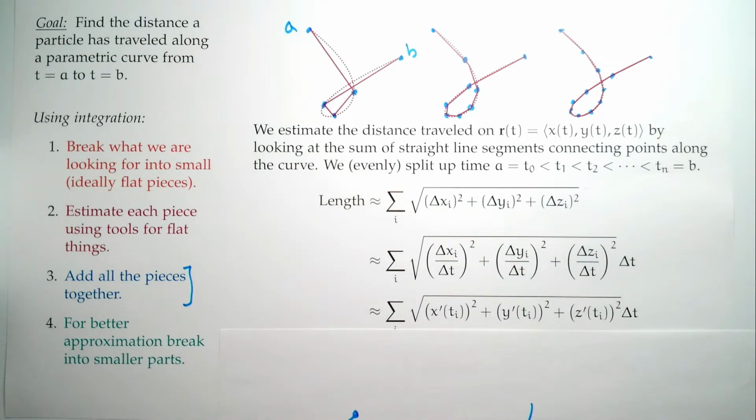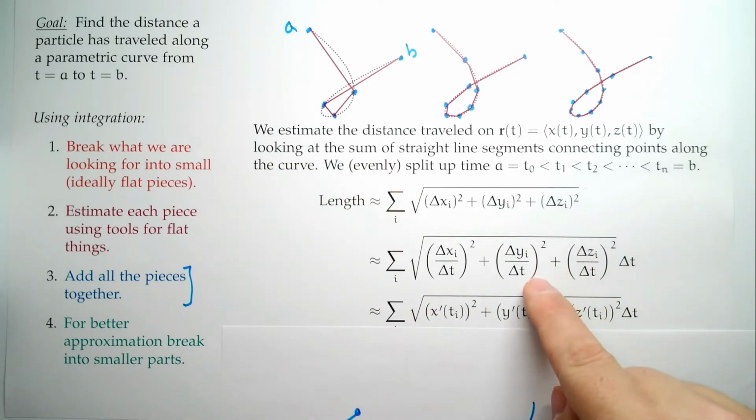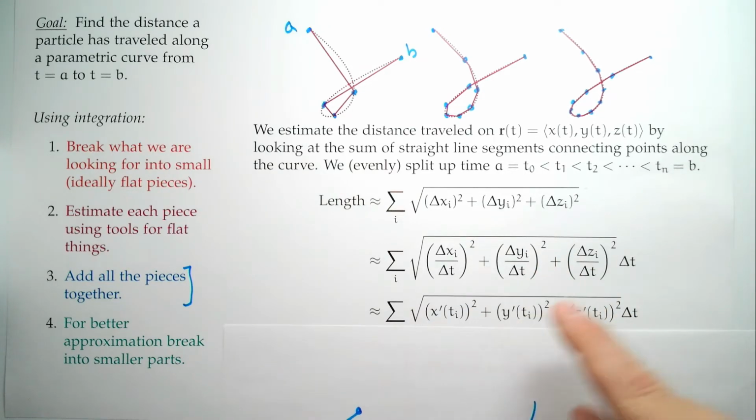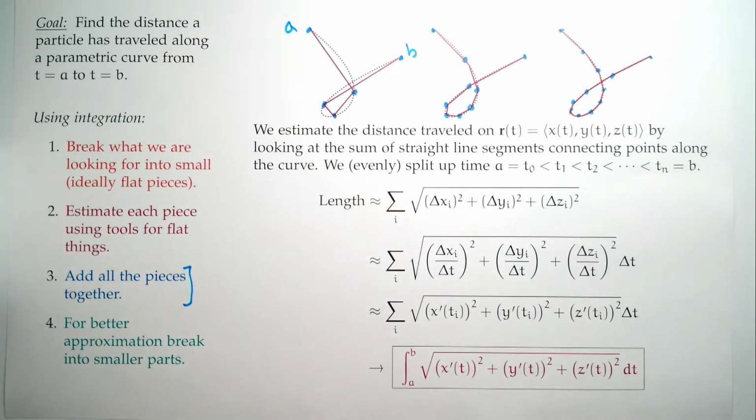As the change in time gets small, it gets closer to the derivative, x prime. Similarly, change in y over change in time gets to y prime, and change in z over change in time goes to z prime.